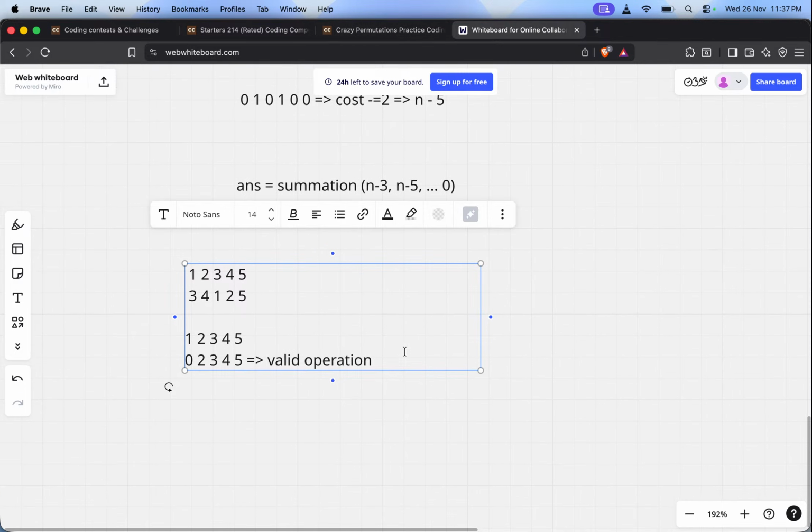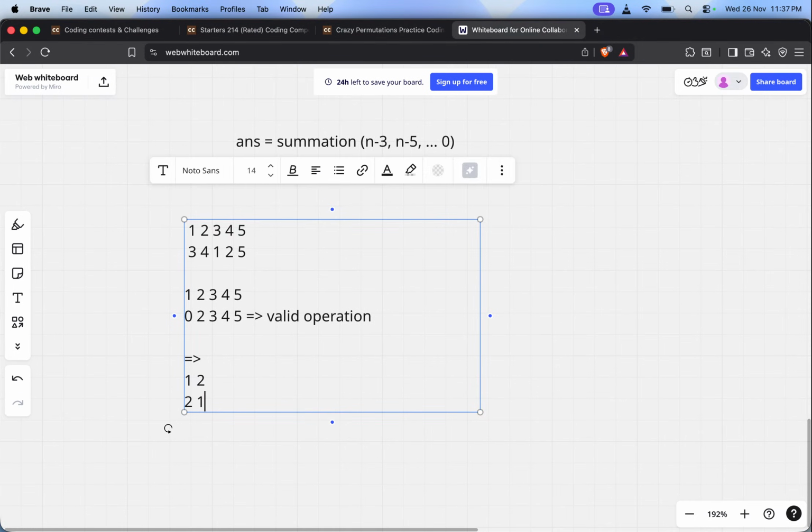Now let's understand some observations. Let's understand what operations are actually not possible. Let's say we had 1, 2 and 2, 1. Now understand this thing.